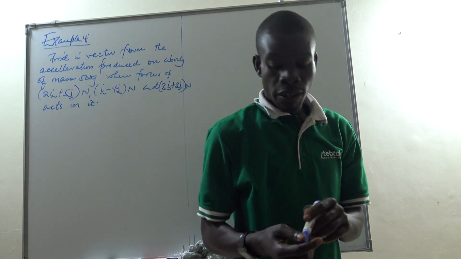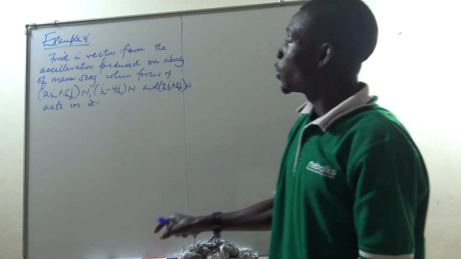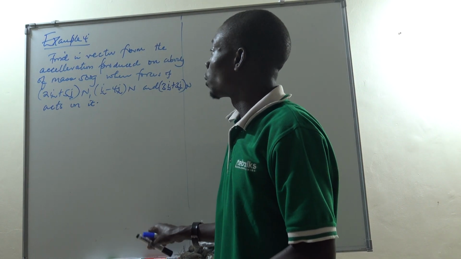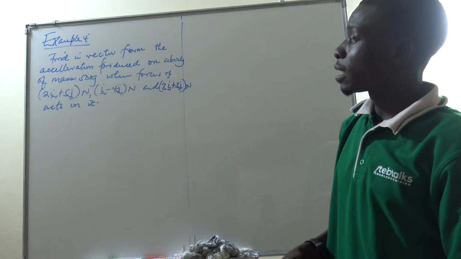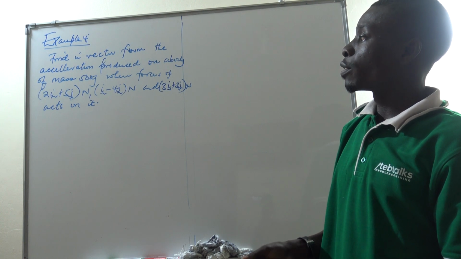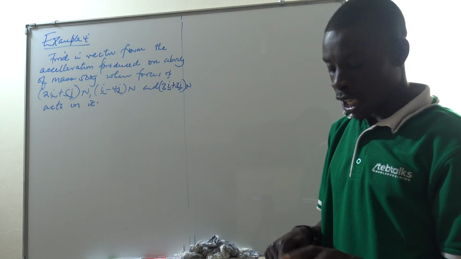Okay? So now they are telling us that we should find in vector form the acceleration produced on a body of mass when a force of that and that acts on the body.